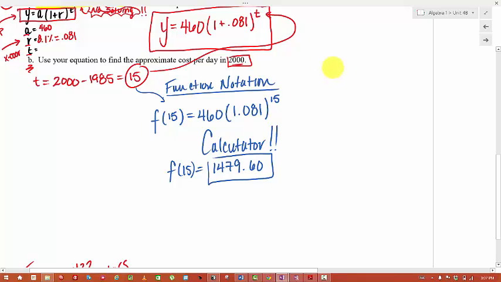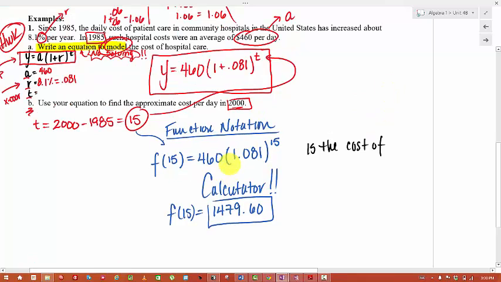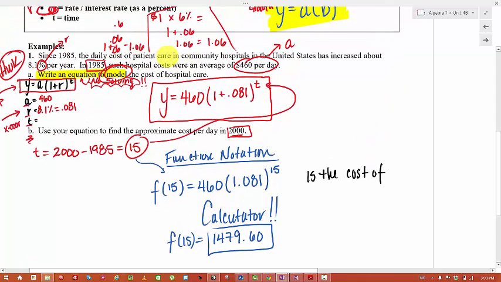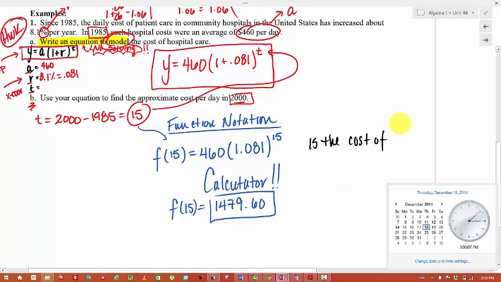So what we're going to say then is the cost of, and we'll go back, patient care, we'll use the exact terminology. Excuse my calendar there. I don't know if I can make that go away.